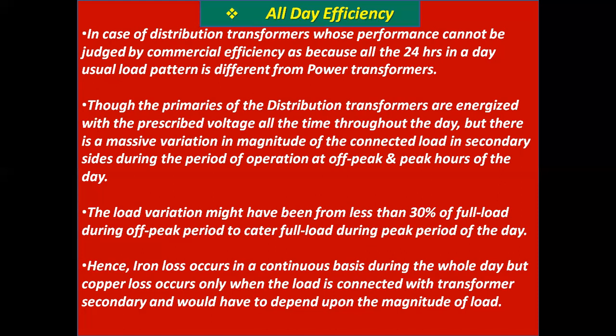Hence, iron loss occurs on a continuous basis during the whole day, but copper loss occurs only when the load is connected with the transformer secondary and depends upon the magnitude of load.